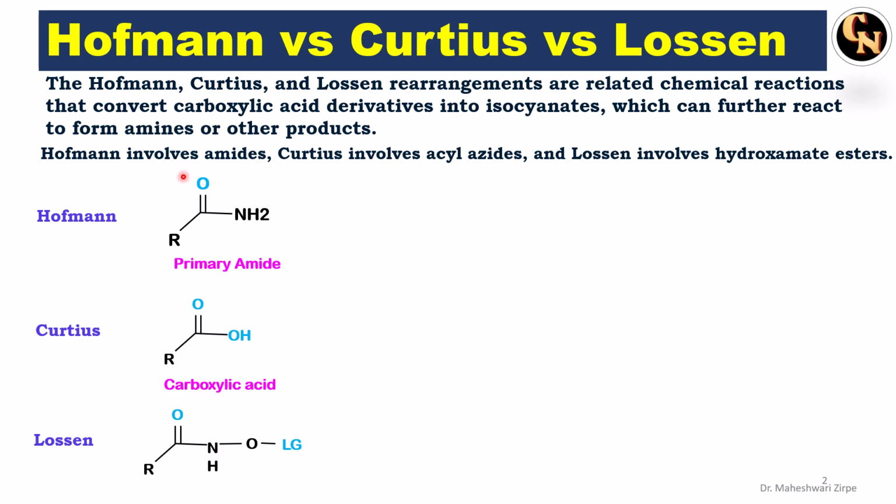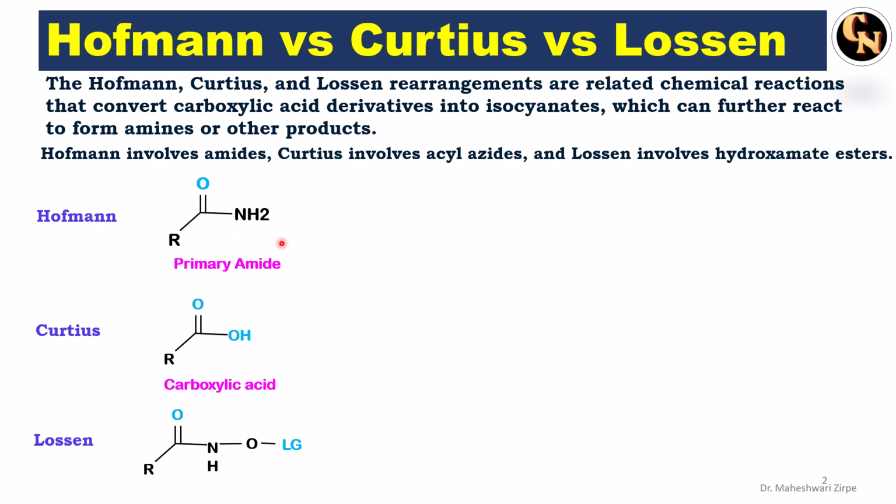So Hofmann involves amide, Curtius involves acyl azide, and Lossen involves hydroxamate ester.